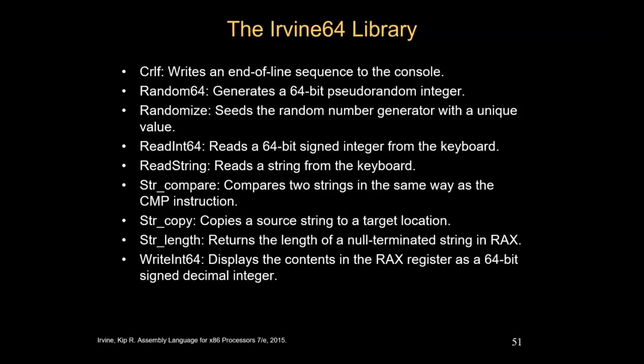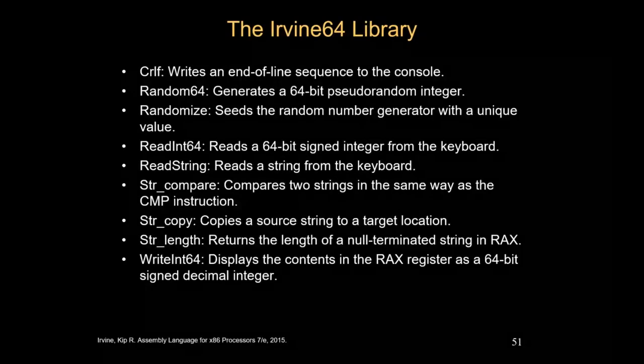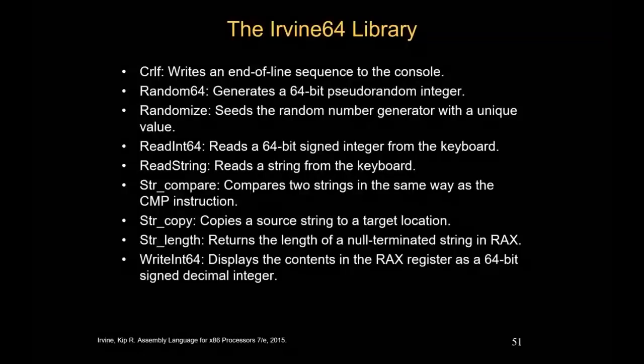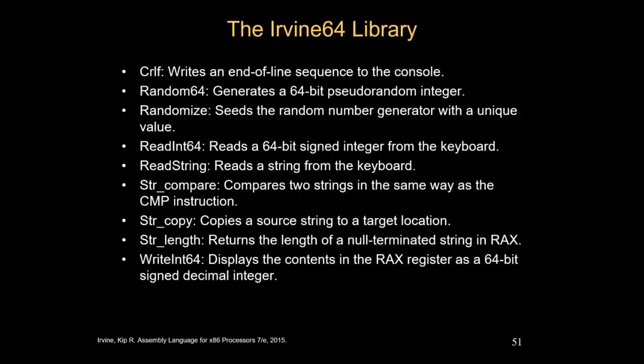You have ReadInt64, ReadString, and then you have StrCompare, which compares strings in the same way the CMP instruction does. And we have StrCopy, which copies a source string to a target location. You have StrLength, which returns the length of a null-terminated string in the accumulator register RAX.